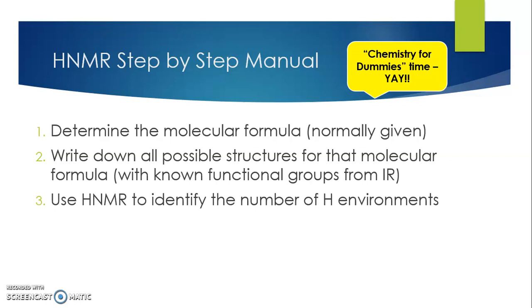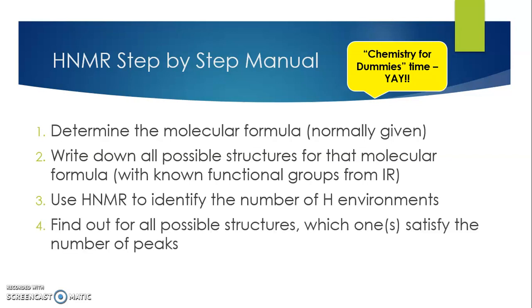Then we use the HNMR to identify the number of hydrogen environments in that molecule. Last, we try to compare and find out, for all the possible structures that we have written down in step 2, which one or which ones would satisfy the number of peaks on the spectrum.